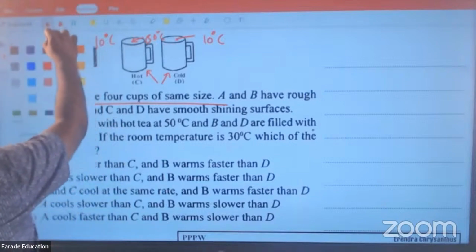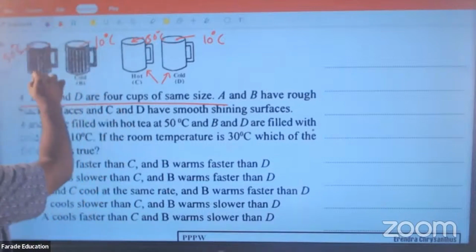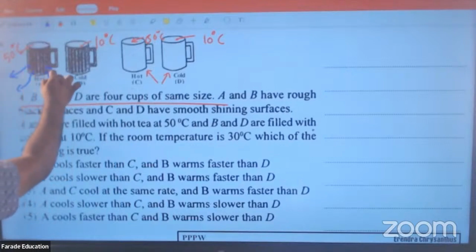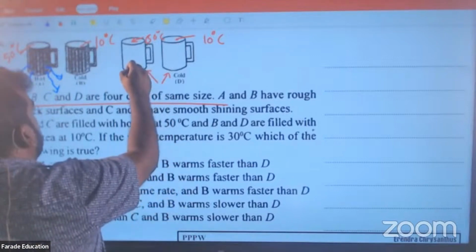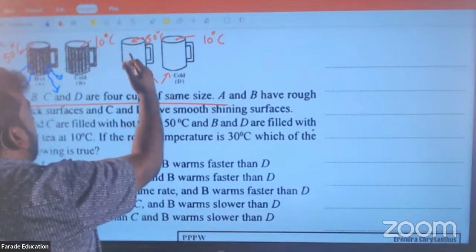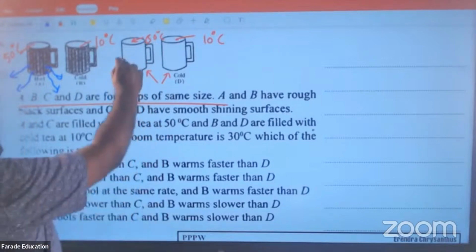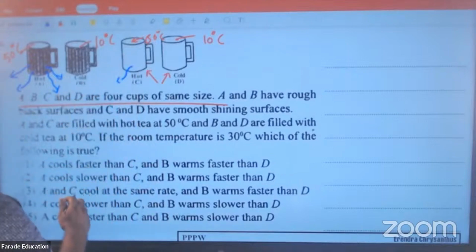Remember black body radiation: dark surfaces emit radiation quickly. Shiny surfaces emit radiation weakly. So this temperature will be 50, and this will cool down quickly.